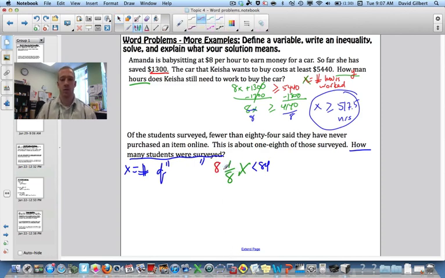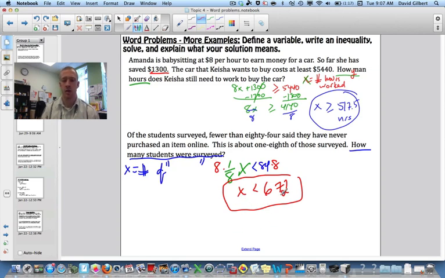Alright, now we just multiply both sides by 8, and we get x is less than 672. There's your answer. So this means that there were less than 672 people or students surveyed.